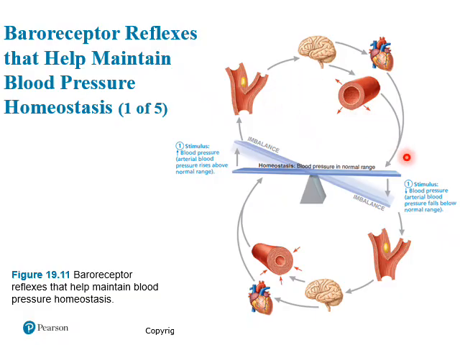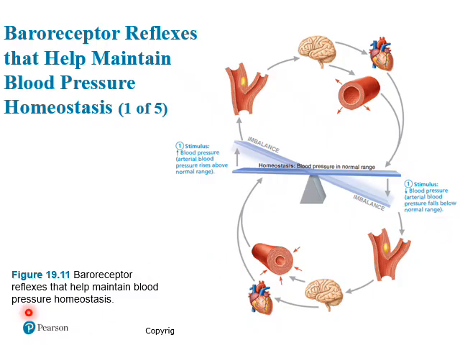And pretty much what's going to happen here is that there's actually now an imbalance. And on the other side, the stimulus here is actually the blood pressure, and the arterial pressure falls below the normal range.